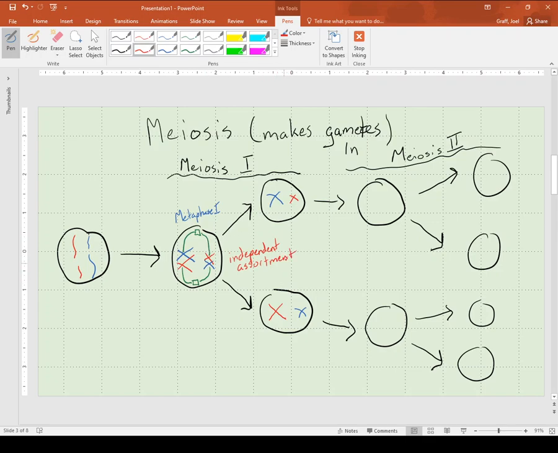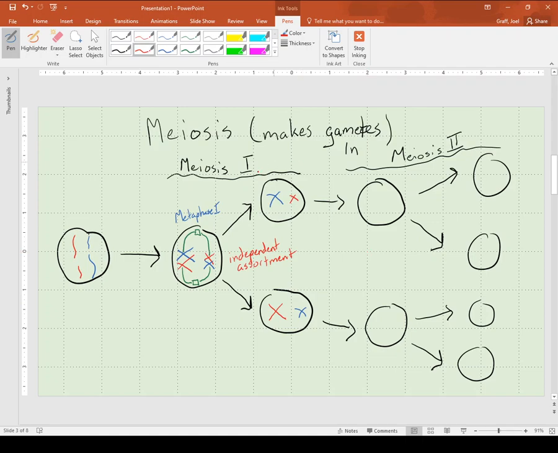Okay, and so you could end up with a different arrangement. If this cell here were to back up and repeat meiosis 1 again, you could end up with the blue X's together and the red X's together.